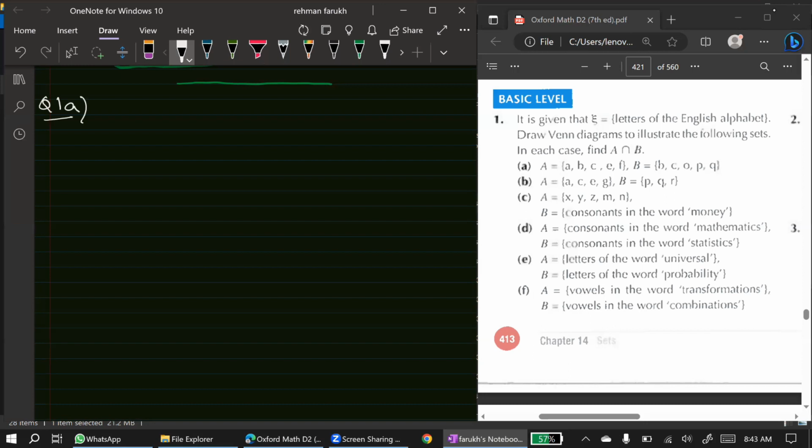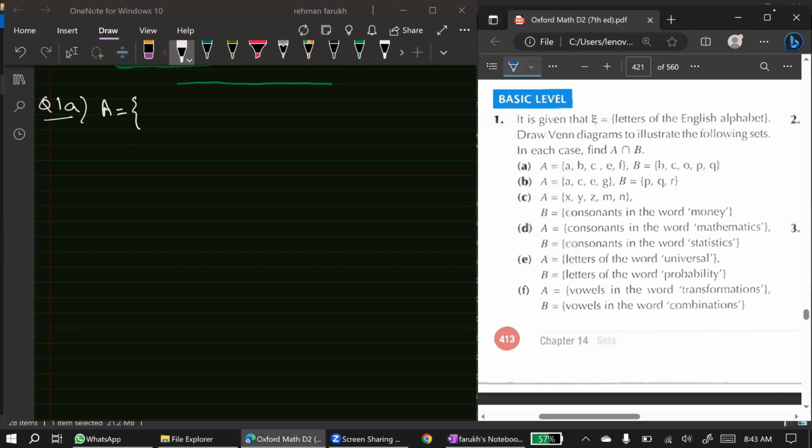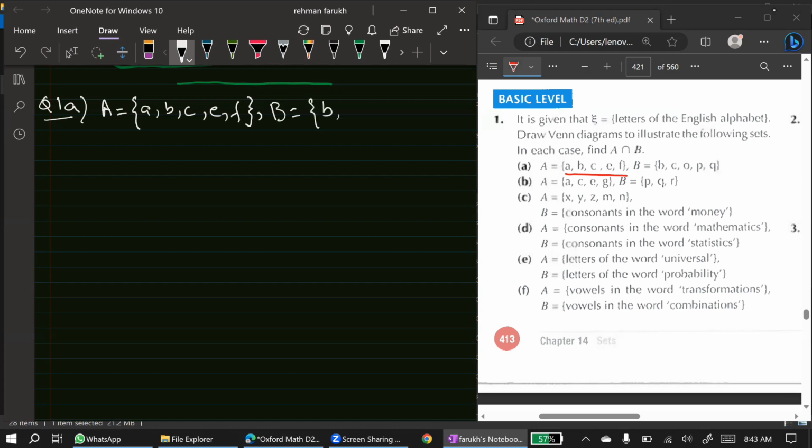The set A is given: A, B, C, D, E, F. The set B is B, C, O, B, Q.